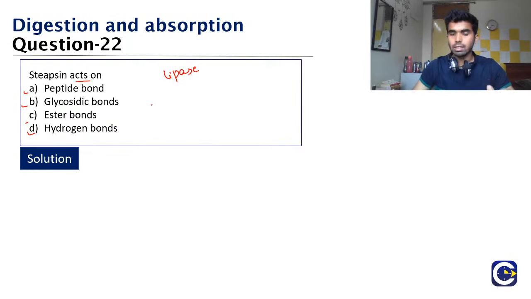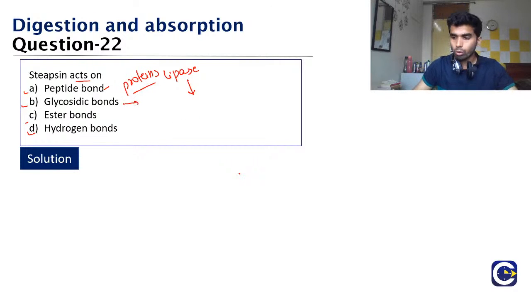Yes, you can guess the answer actually in this. It is a very easy question. So there will be a particular bond that will be present in the lipid, and that bond will be broken down by these lipases, and then it will be absorbed in our body. So see, the peptide bonds are present in the proteins.